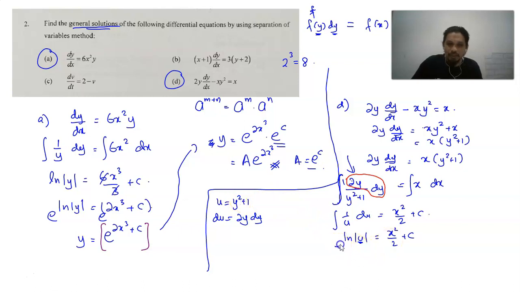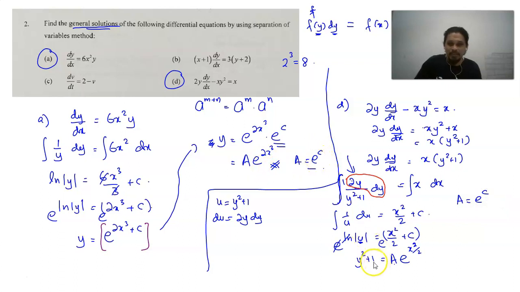So e cancels the natural log, and y squared plus 1 equals a e to the power of x squared over 2, where a equals e to the power of c.